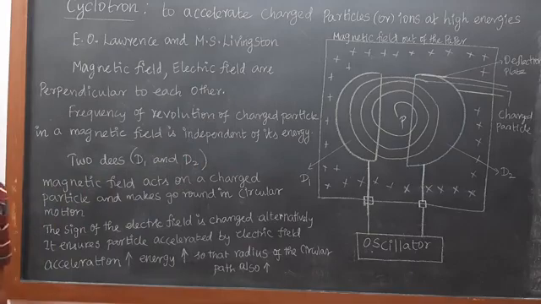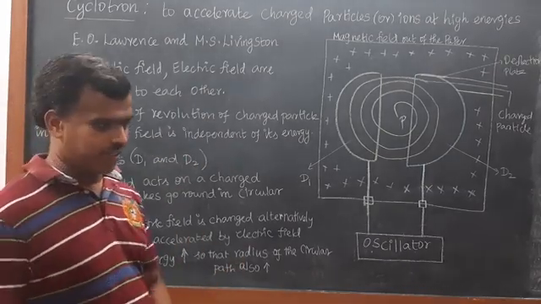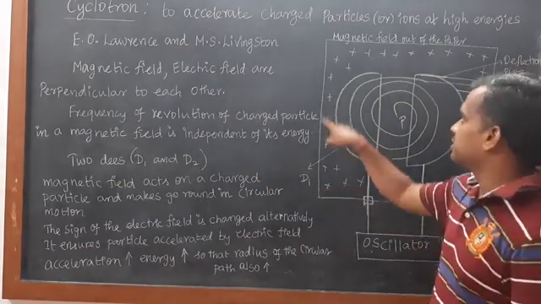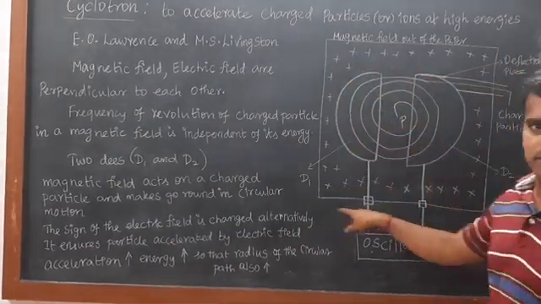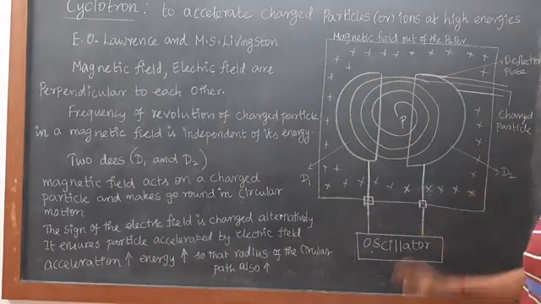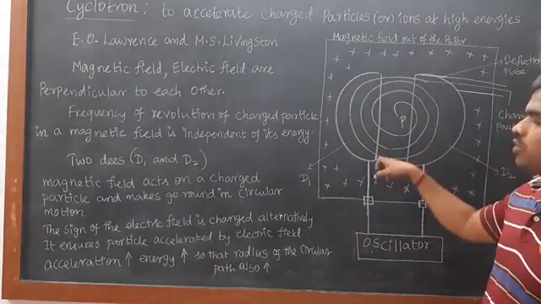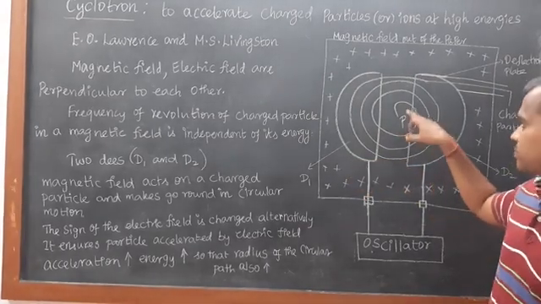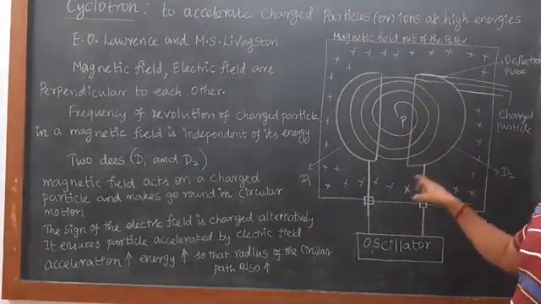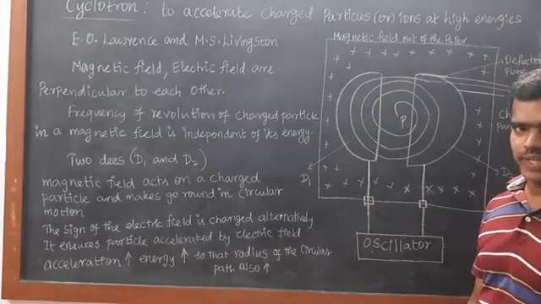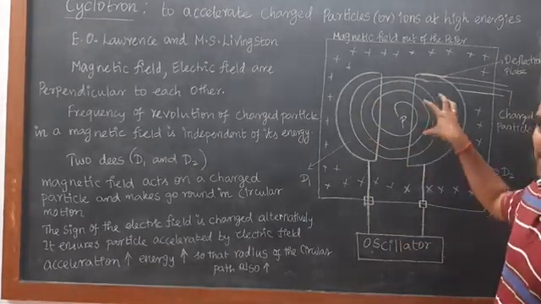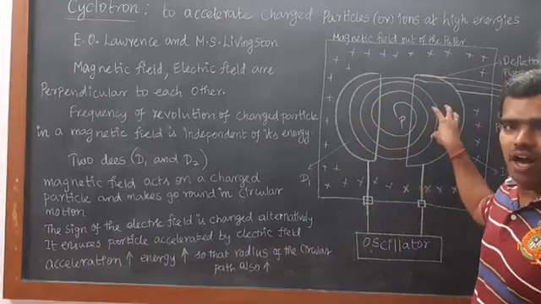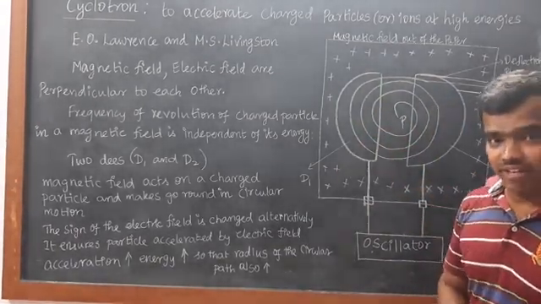And how do we construct a cyclotron? Now we move on to the diagram. This is the metal box. Inside the metal box, I have two D's, which look like the letter D. These D's are located in a magnetic field, and they are free from electric field.